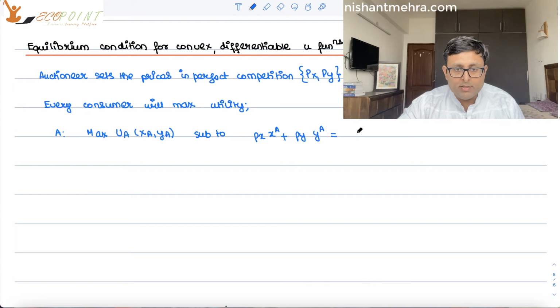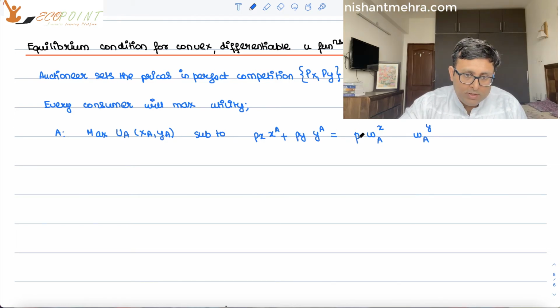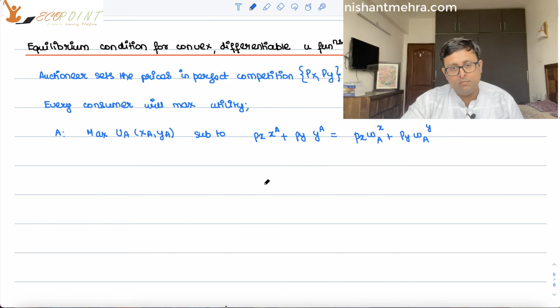So what is his endowment? WAX for good X and WAY for good Y. This is what it is. What is the value of his endowment then? PX WAX plus PY WAY.